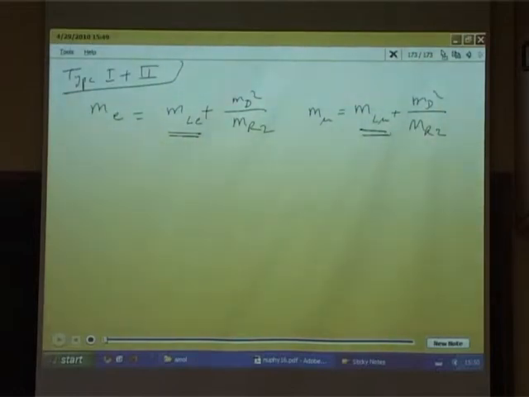Therefore, if you have type 1 and 2 seesaw both, then you expect that the masses are not hierarchical but quasi-degenerate. So this is again a heuristic argument, not an exact argument. This is just some way of trying to see: if you observe degenerate masses, it's possible that the mechanism is type 2 positive.